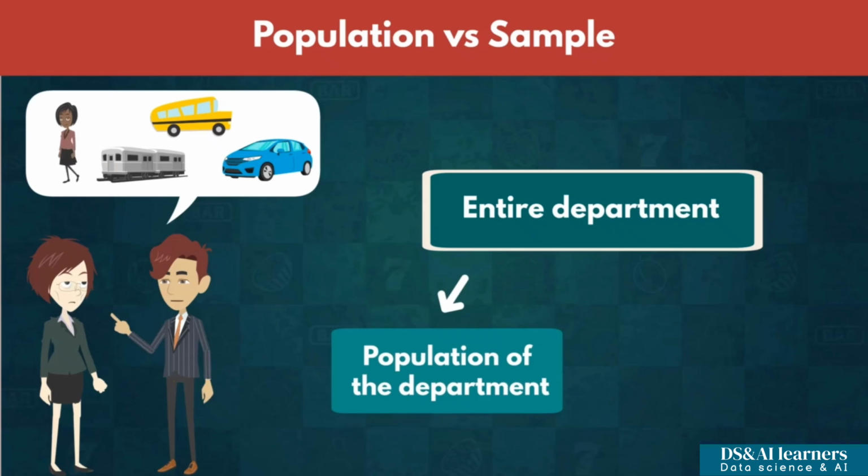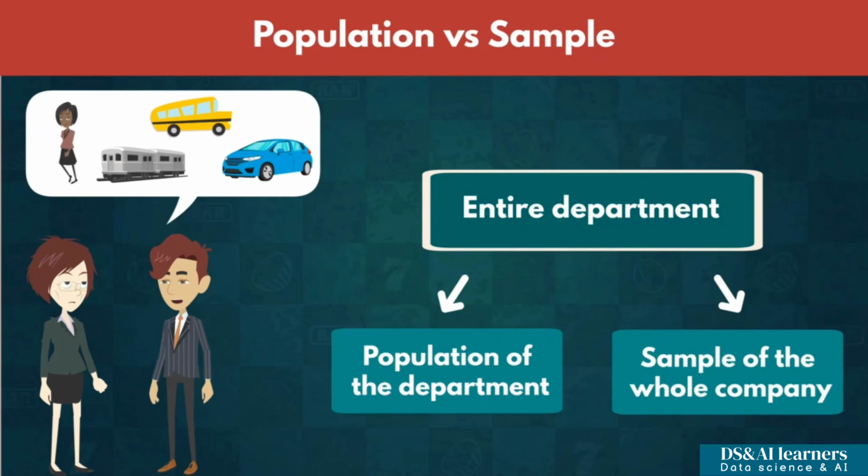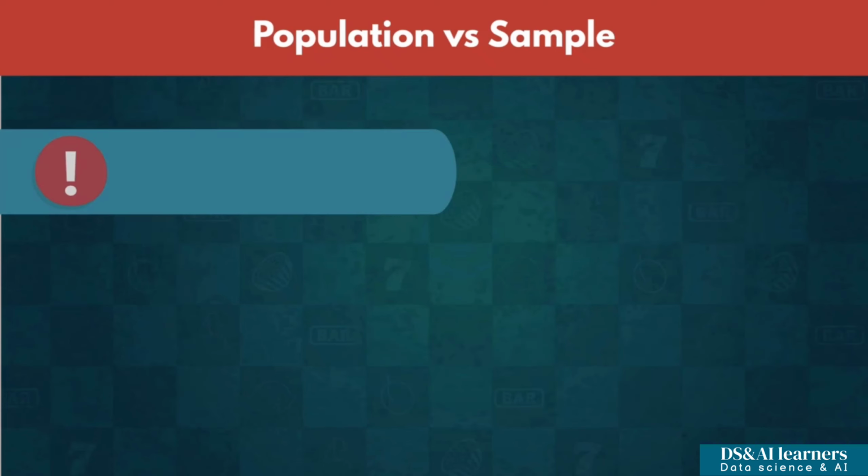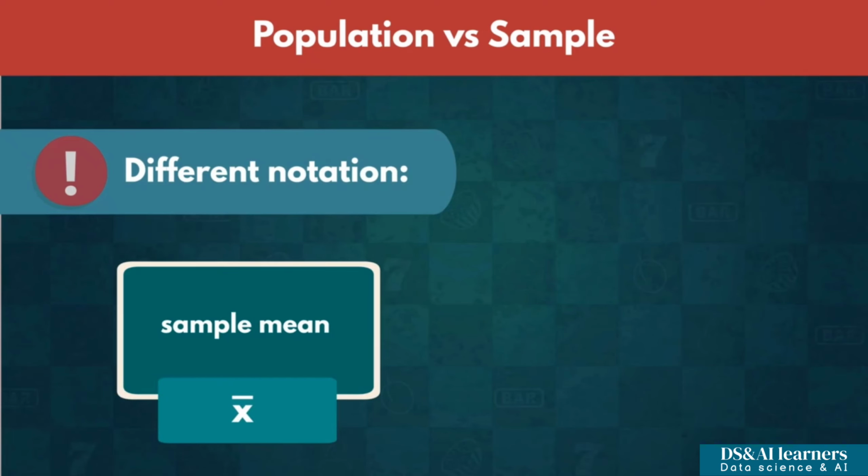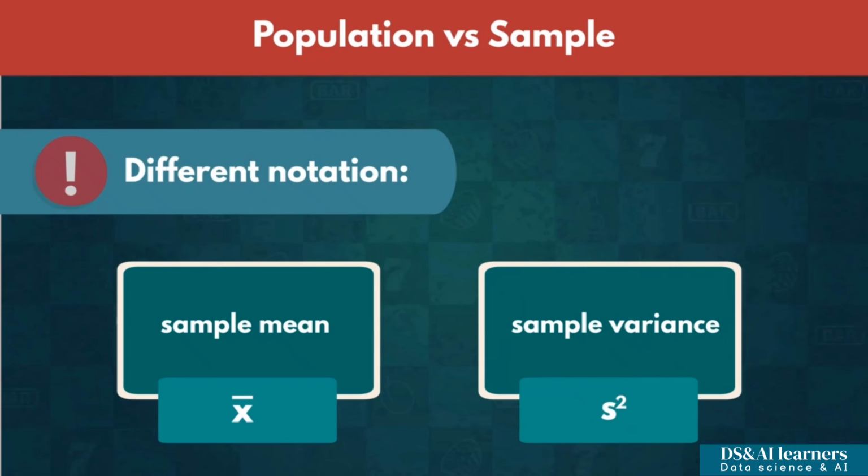However, this same data would also just be a sample of the employees in the whole company. Something to remember when using sample data is that we adopt different notations for the mean and variance. We denote sample mean as x bar and sample variance as s squared.